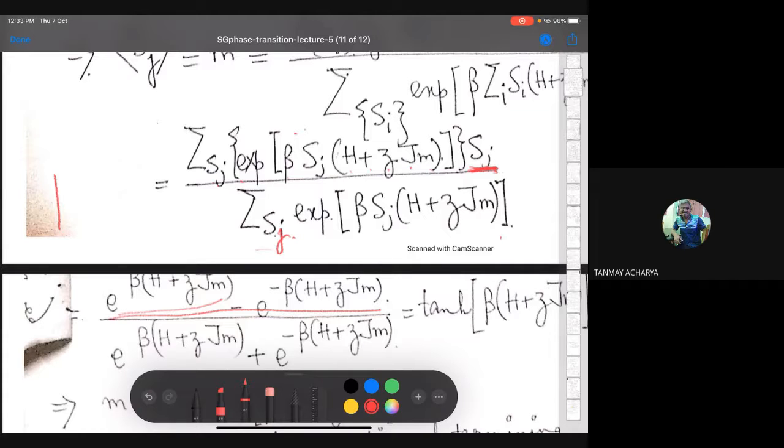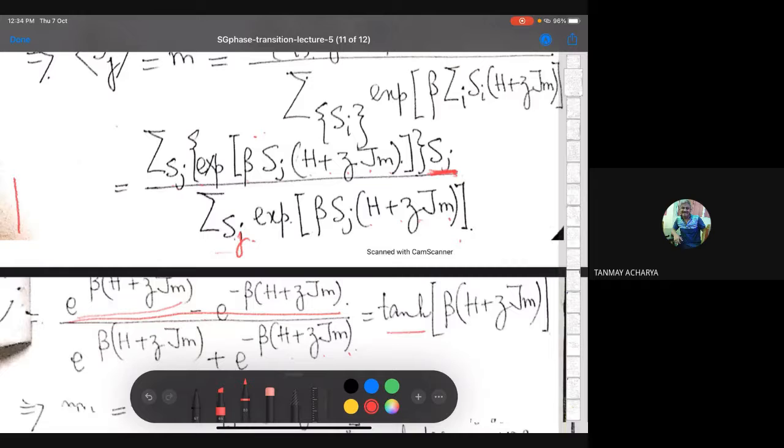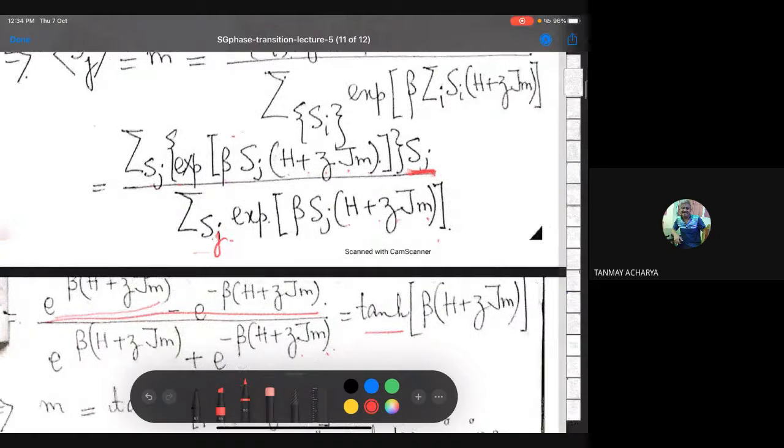And the denominator would be similarly e to the beta (H plus JZM) plus e to the minus beta (H plus JZM). So you have e to the power x minus e to the power minus x, divided by e to the power x plus e to the power minus x, which is just tanh of beta (H plus JZM).